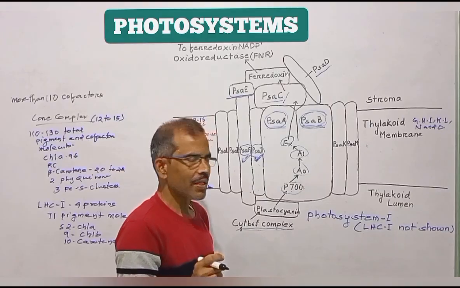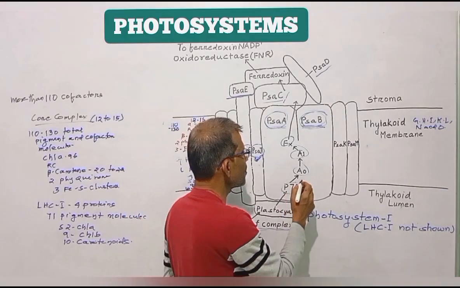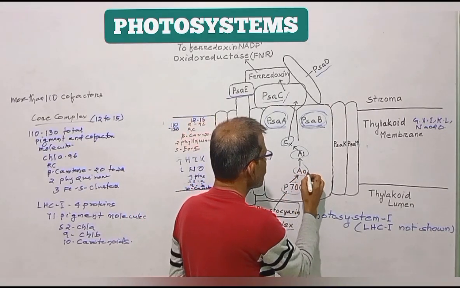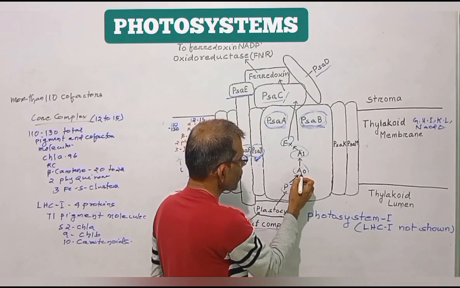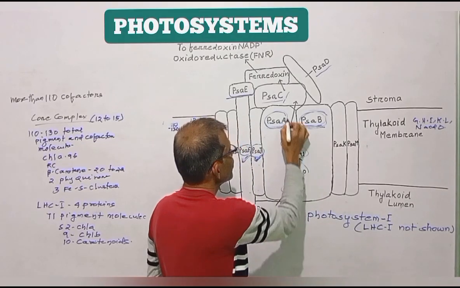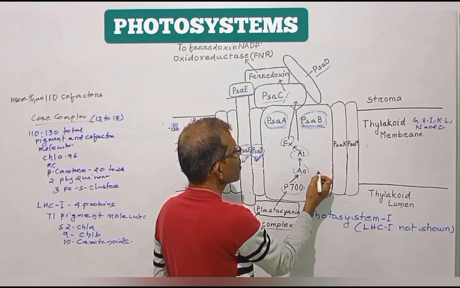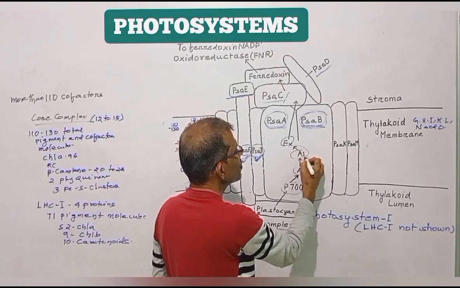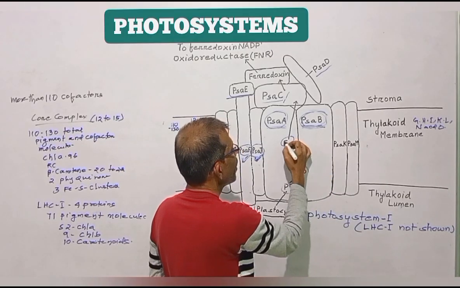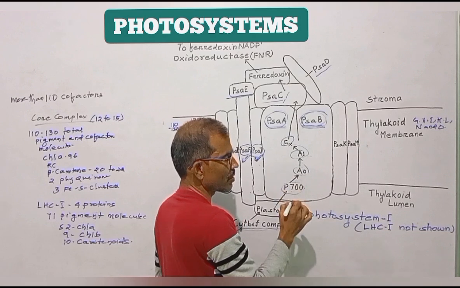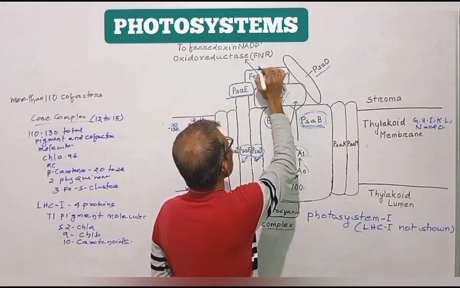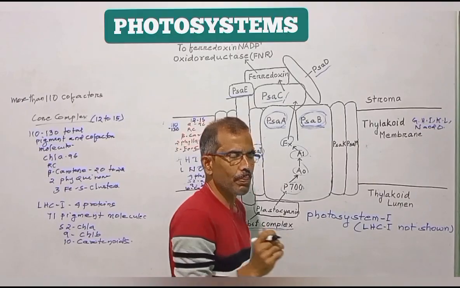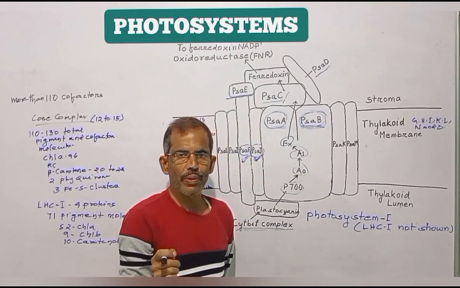This high energy electron is received by monomeric chlorophyll A. From chlorophyll A, electrons are transferred to the NADP plus through two molecules of phylloquinones and iron sulfur clusters. So finally these electrons are used to reduce NADP plus into NADPH.